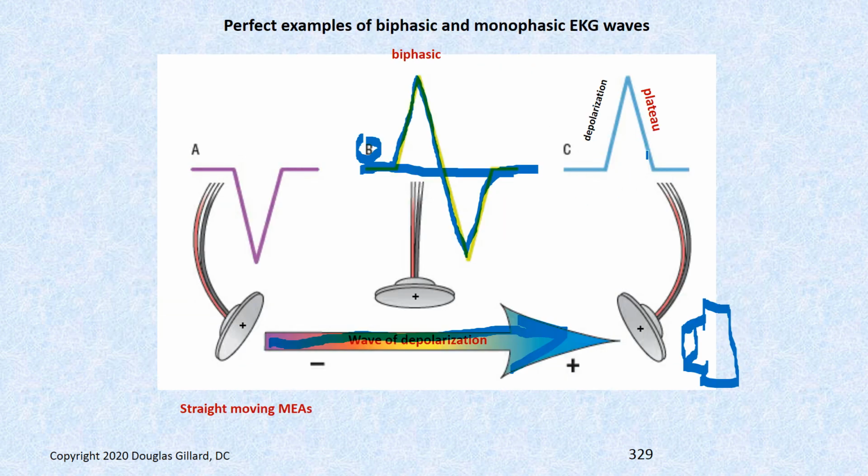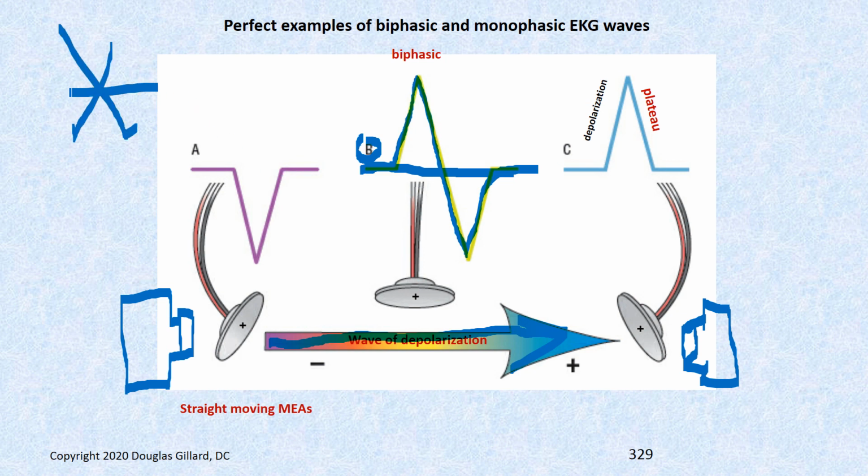So it's all above. Now what about a camera that's looking over here and the wave is going exactly away from it? Well, it's going to draw a monophasic wave, but it's going to be a negative waveform. Super important that you understand this slide, right?